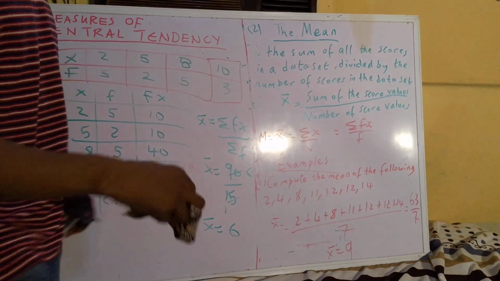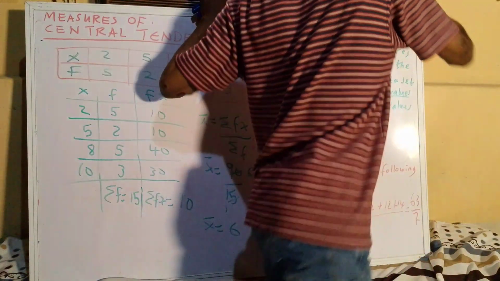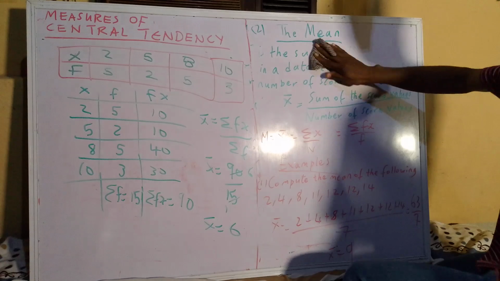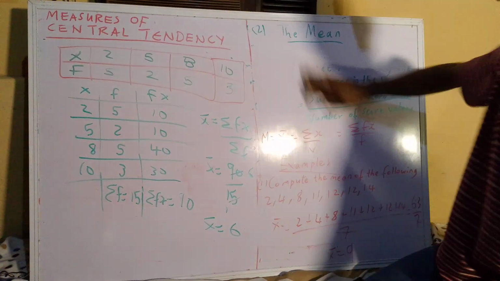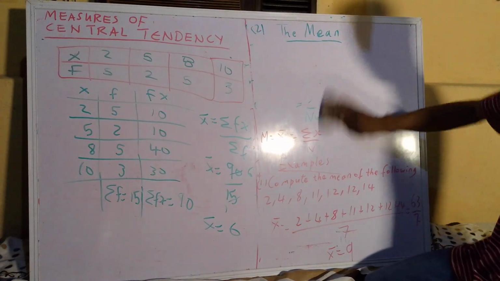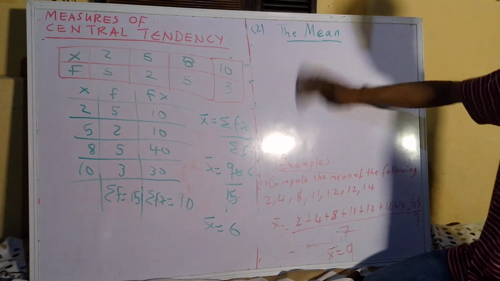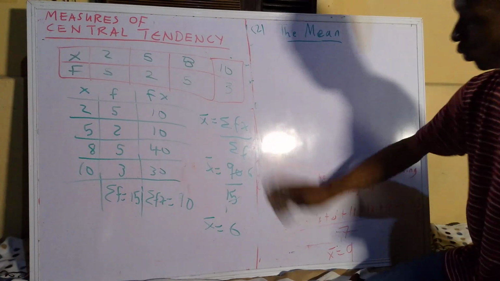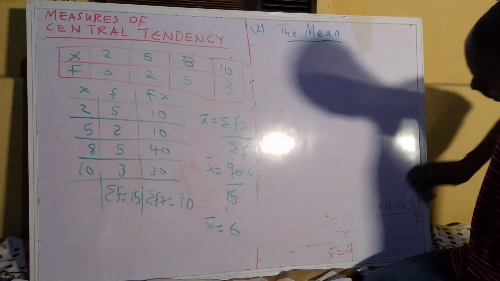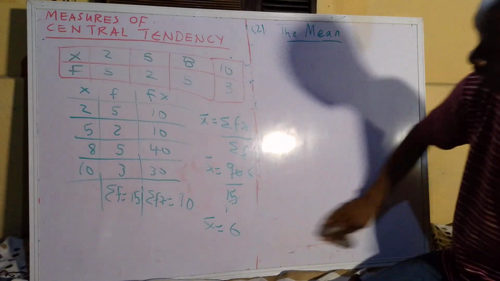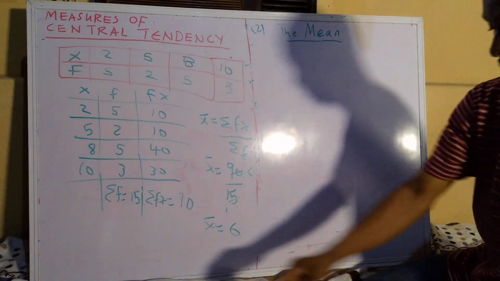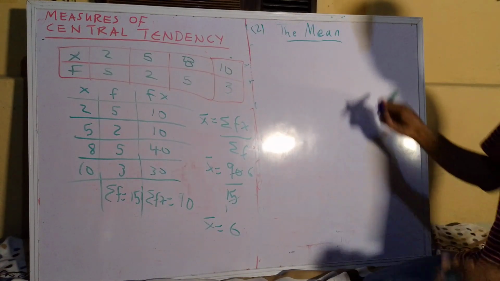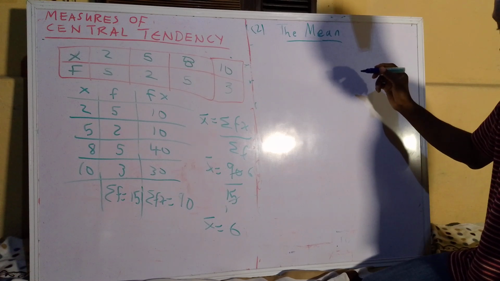So let's go to mean again. Another case, the case that she treated in the class. We're talking about the mean in the case of group data. You understand? So, group data with class intervals.